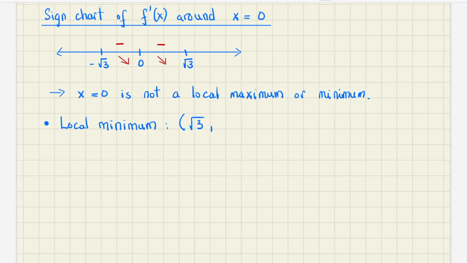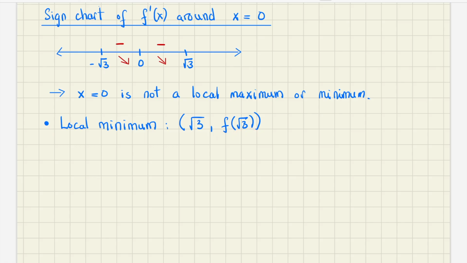So we have a local minimum at x equals root 3. To find the y value, we just plug root 3 into the function f of x. So the local minimum is at root 3 comma f of root 3.